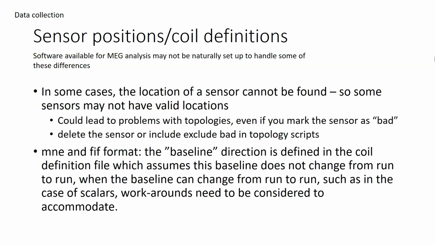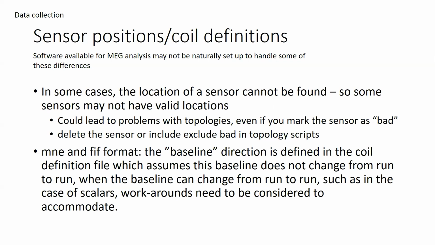But in the case of, say, scalar magnetometers, which can be operated in Earth's field, and where the baseline is actually the direction of the Earth's field, simply moving the helmet itself is going to potentially change the direction of your dot product. And so the way that the MNE format and the FIF format is set up with this coil definition, it's not quite suited for this potentially changing baseline. So this is something to think about.